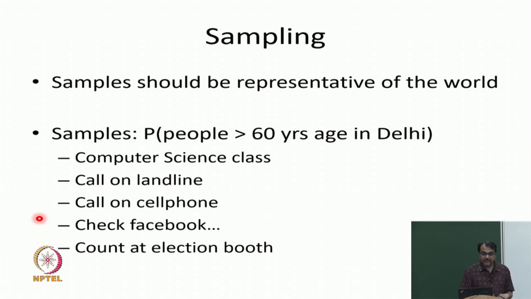Now, suppose I come to the computer science class and I just check how many of you are greater than 60 years of age, and deduce that the probability is 0. Even I am not 60 yet, even though I may look like one. So, then I deduce that, oh, because in the computer science class there is nobody 60 years of age, therefore probability is 0. Would this be a biased sample or an unbiased sample?